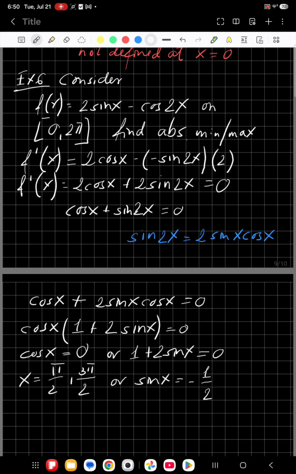Okay, so between 0 and 2 pi, negative half would be 7 pi over 6, and the other one would be 11 pi over 6. So that's something that you should be able to do, you should know. I'm talking about solving this part, and then solving that.